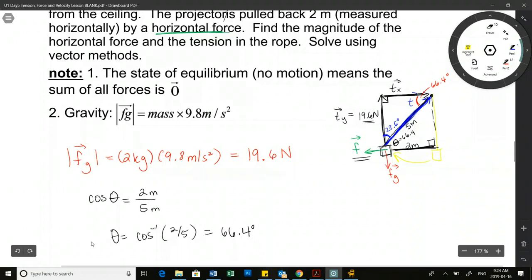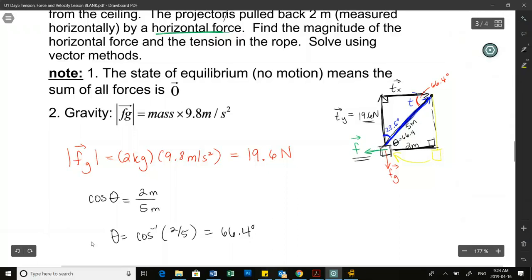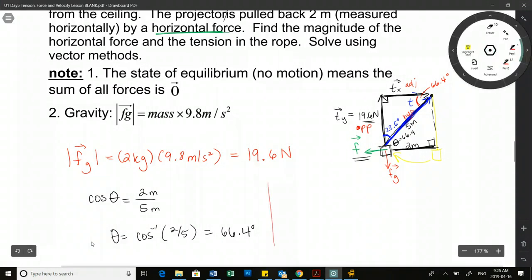Okay, so I should be able to, let's say we use 66.4. It doesn't really matter which one we use. If I use 66.4 as my reference angle, this is adjacent, this is opposite, and this is hypotenuse right here. That's the tension vector. So let's start with the tension vector. Actually, I'll just set up the trig ratio first.